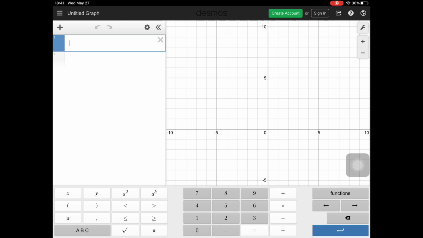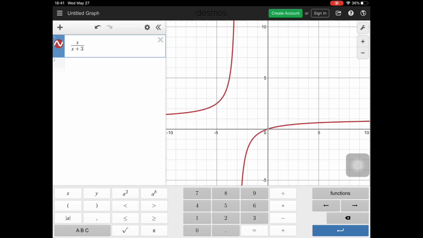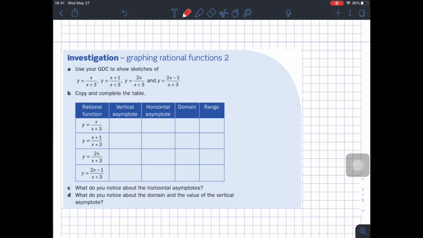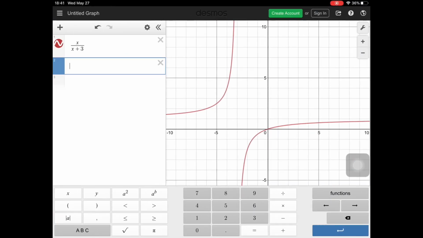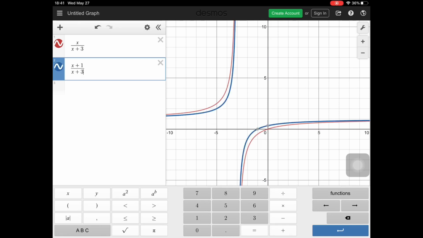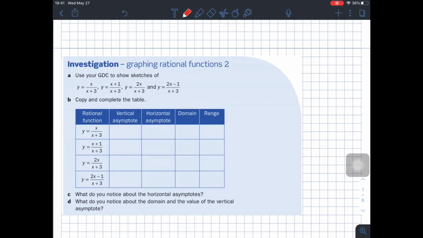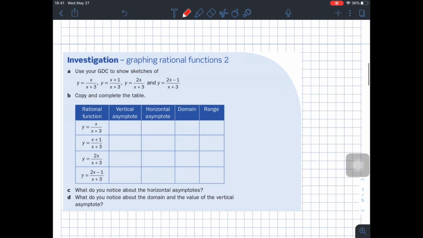I'm going to do that in Desmos. X over x plus 3. That's the first one. Then we have x plus 1 over x plus 3. Then we have 2x over x plus 3.